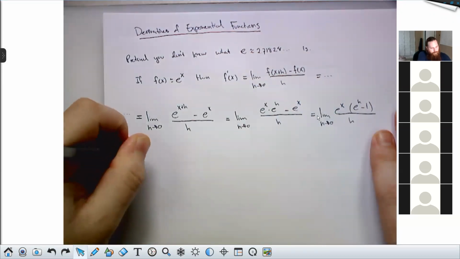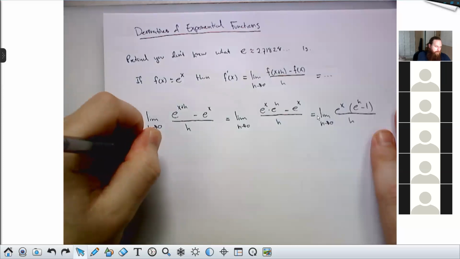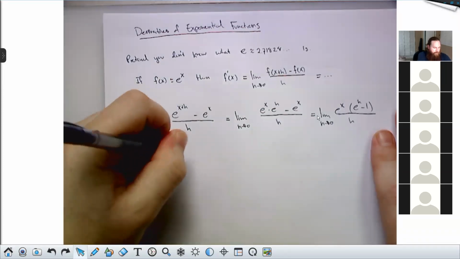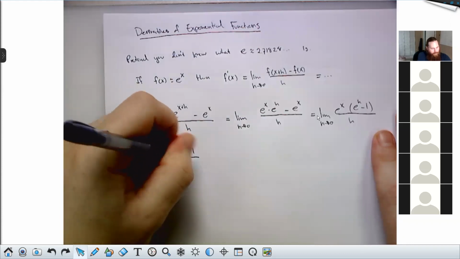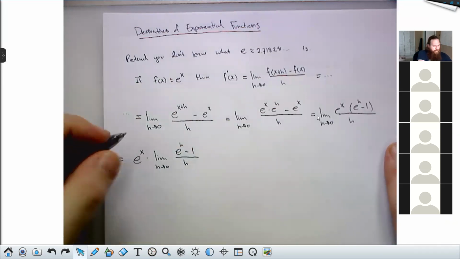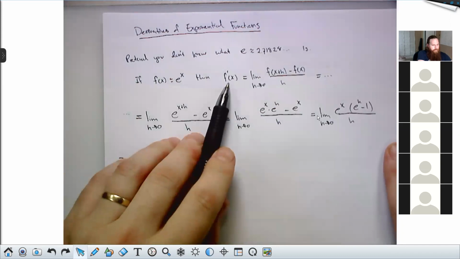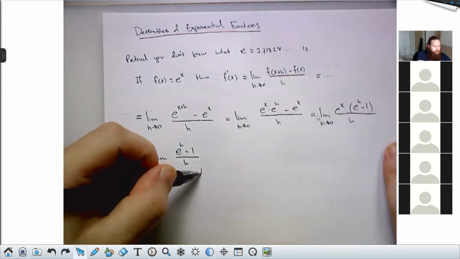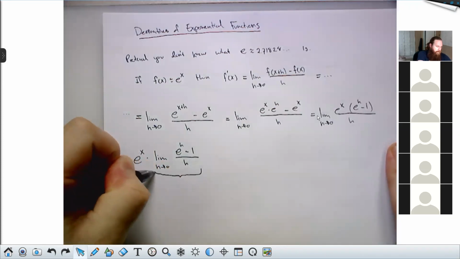So this is equal to e to the x times the limit as h goes to 0 of e to the h minus 1 over h. So what we see here is that the derivative of e to the x is equal to e to the x times whatever this number comes out to be.